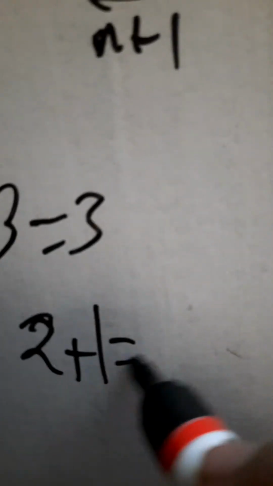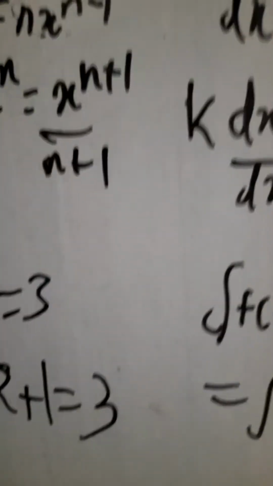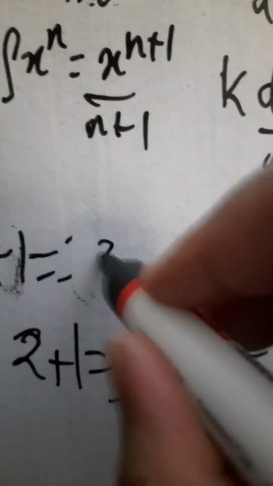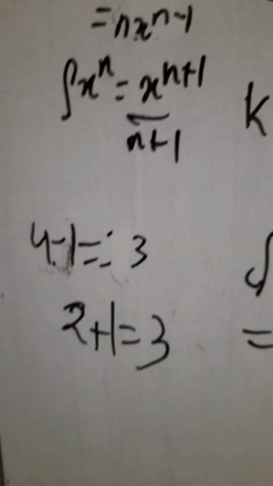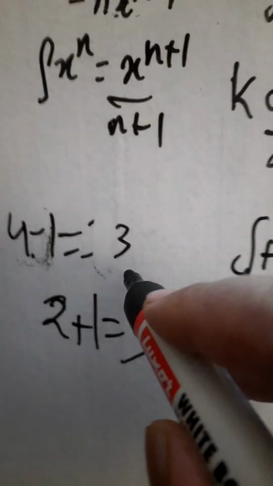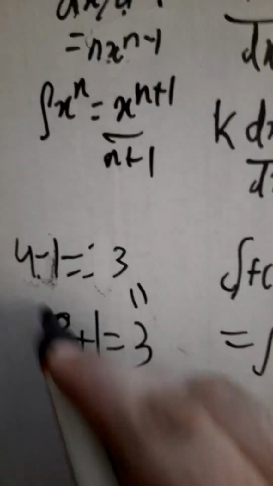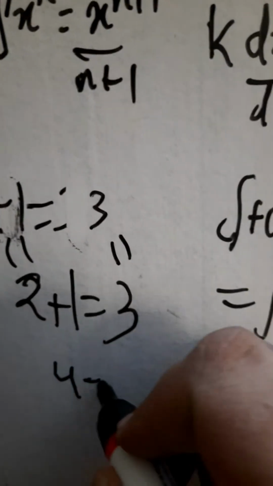Let's say 4 minus 1 equal to 3 and 2 plus 1 equal to 3, RHS are same, then LHS is also same. 4 minus 1 is equal to 2 plus 1 too, no?